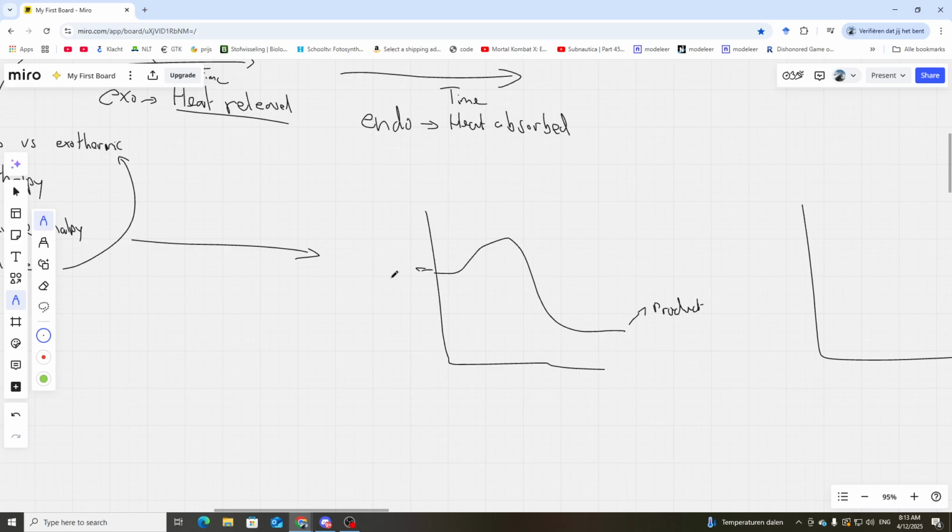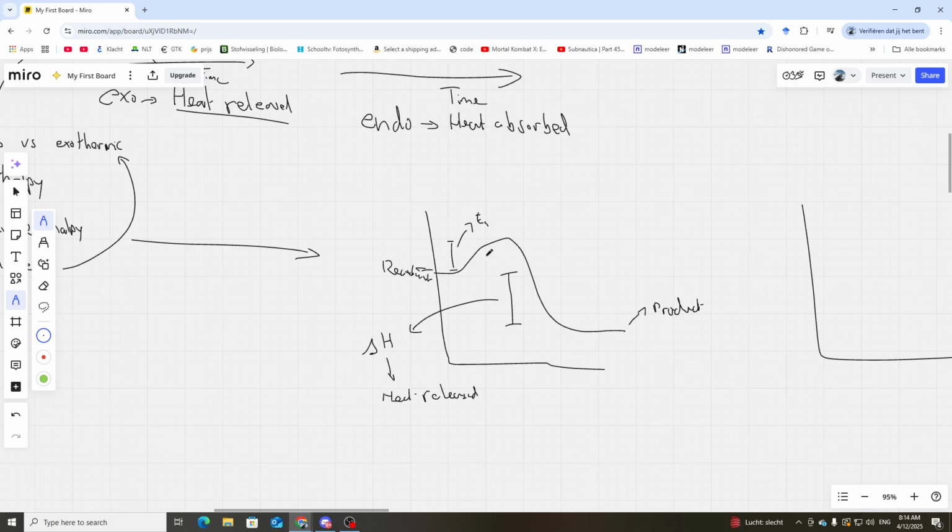Let me just draw it. Product, reactant. Here activation energy. Up to the top is activation energy. And then this difference right here is our delta enthalpy, which is the same as the heat that is released.